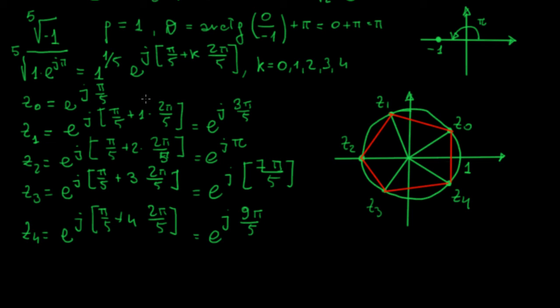In this case, we had to evaluate the fifth roots of -1, and we found 5 roots which are positioned on a circle with radius 1 at equal distance, and that are vertices of a pentagon. Okay, that's all for now.